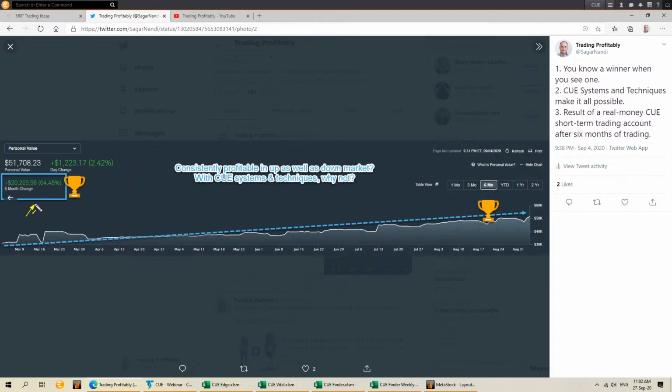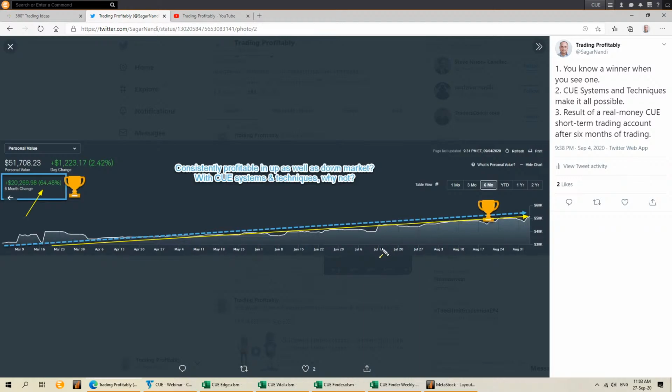At that time, the account had 64% profit, trading mostly stock or stock equivalents. No highly leveraged instruments, no futures, certainly no forex. What I pointed out is that whether the market was moving up or down or sideways, my equity curve was steadily going up.